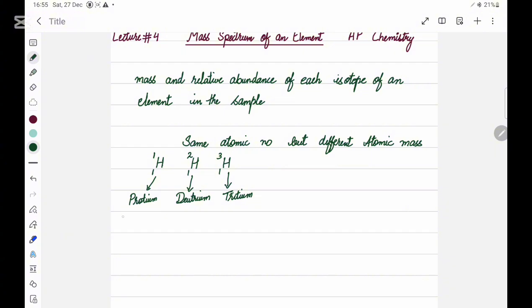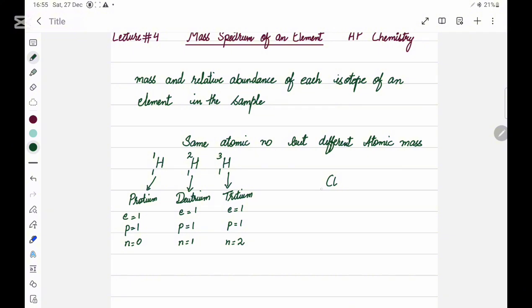You can see it has electron 1, proton 1 and neutron is 0. Here we have electron 1, proton 1 and neutrons are 1. Here we have electron 1, proton 1 and neutrons are 2. So these are isotopes having the same atomic number but different atomic mass, the same number of electrons and protons but a different number of neutrons.